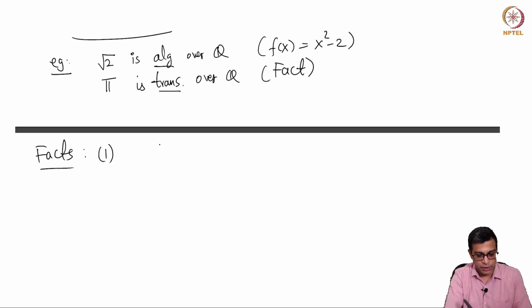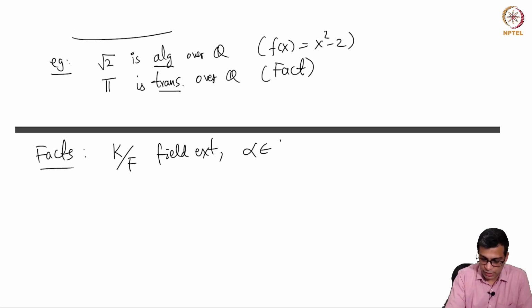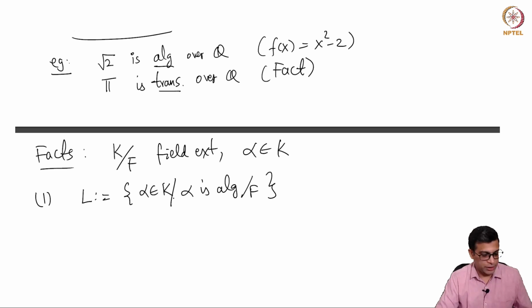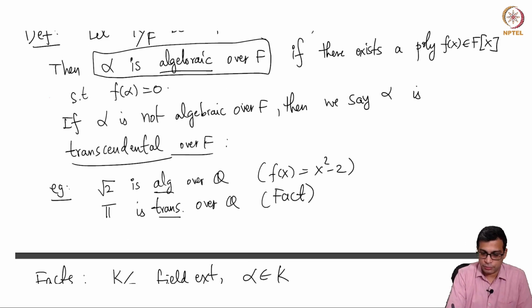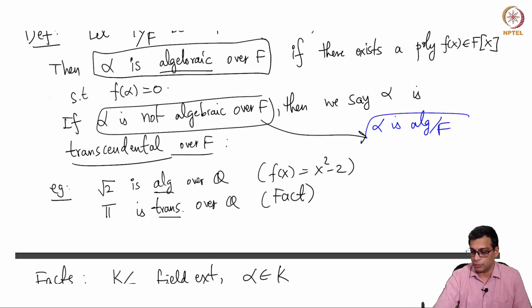Okay, so maybe I will just label them like this. 1, maybe I will just make a global assumption: K over F is a field extension, alpha is in K. If you define L to be the set of alpha in K such that alpha is algebraic over F, this is my notation, we write alpha is algebraic over F, just a shortcut for me so that I don't need to write the full sentence.